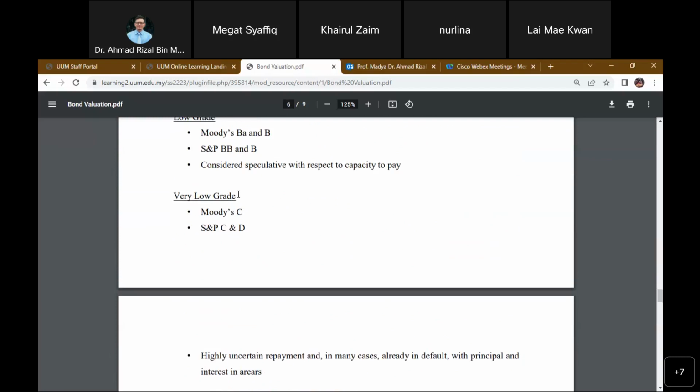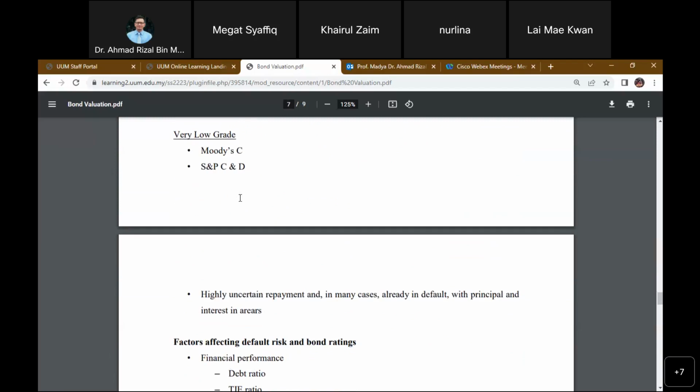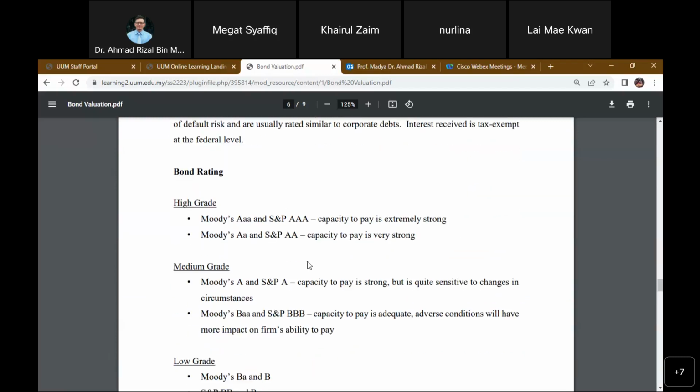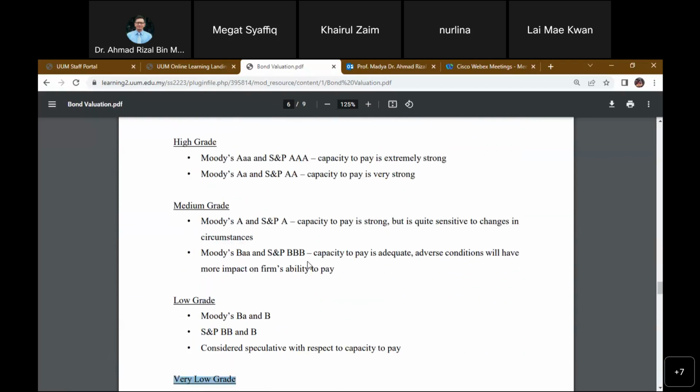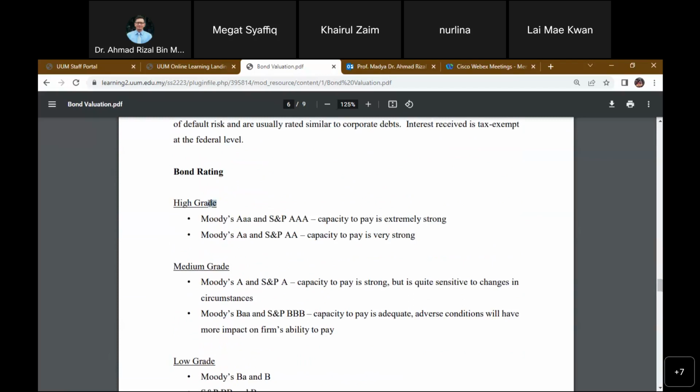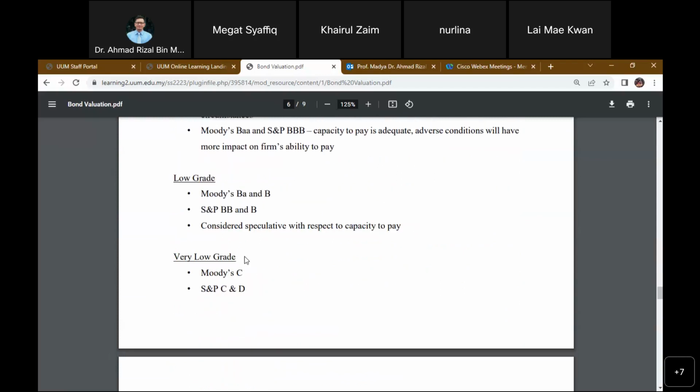They are still allowed and there is still a market where the bonds issued by low rated corporations are still issued. Now, my question would be, first question before we go on, what do you think would be the main difference between bonds that are issued by a high grade or high rated company, hence a high grade rating bond, compared to low graded or low rated bonds? What is the main difference?